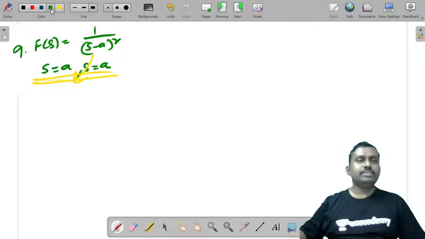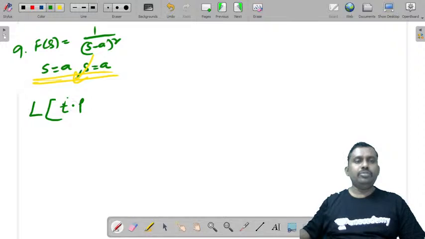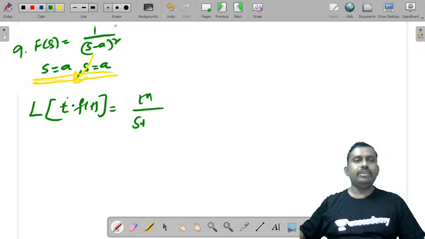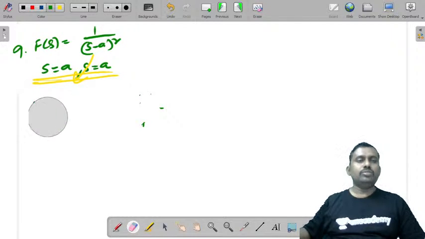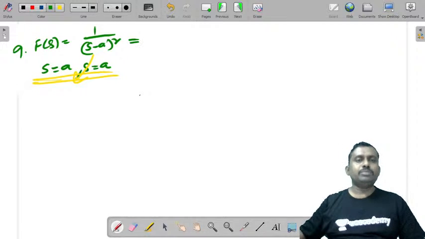Now let us take this. What is the Laplace of t into f of t? It is e power at... we'll also do it the other way. So we can write it as 1 by (s minus a) whole square.